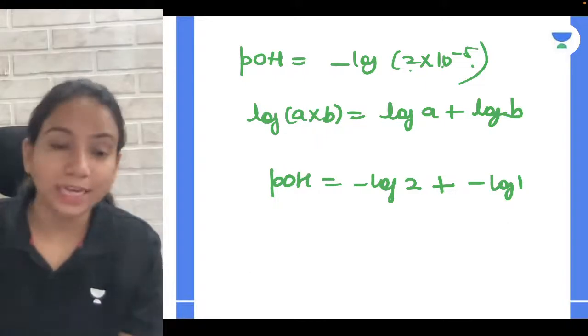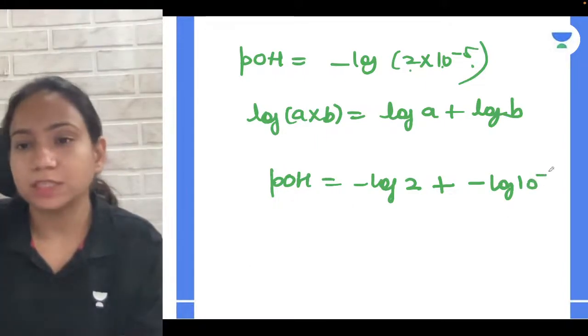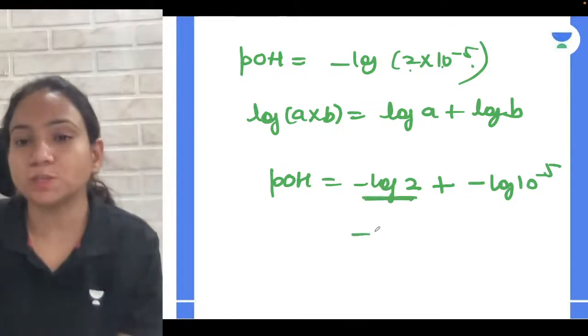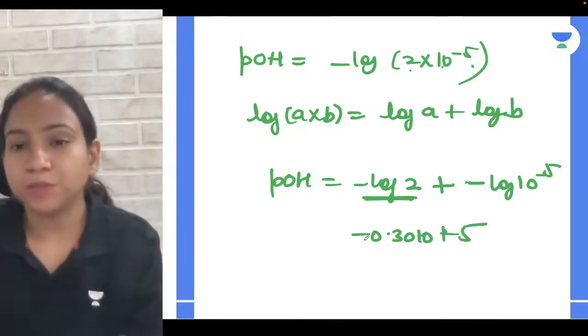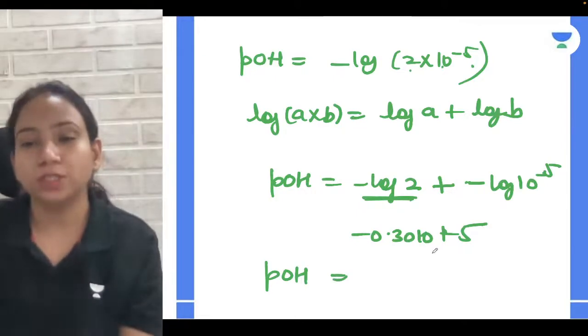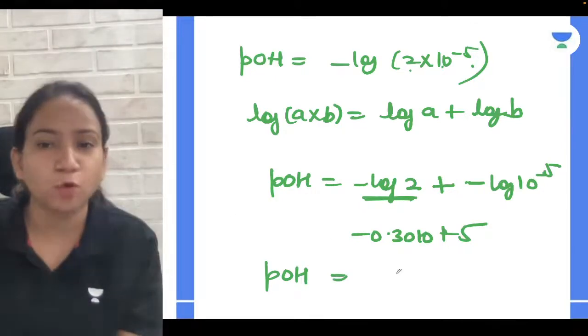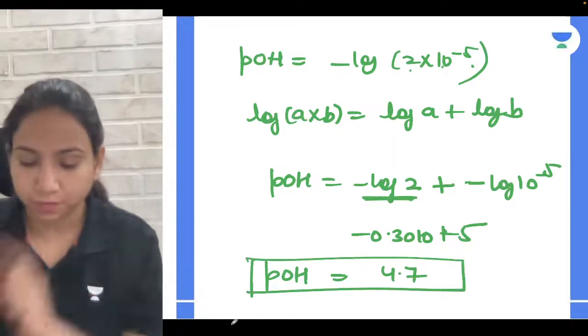I just applied that identity. So minus log 2 is minus 0.3010, which we learned, and minus log 10 to the power minus 5 is plus 5. So pOH will be 5 minus 0.3010, which is around 4.7. So pOH is 4.7.